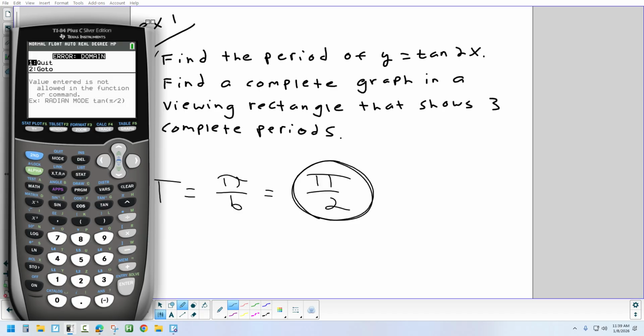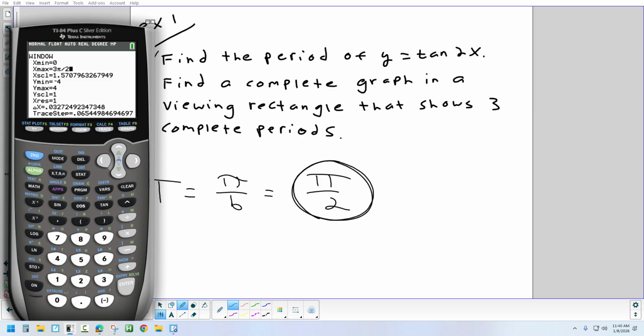So what I'm going to do on my window, the easiest way to show 3 cycles is to start at 0 and go to 3 pi over 2. Okay? By setting it from 0 to 3 pi over 2, that will show me exactly 3 cycles. So I always just go 0 to whatever number I need.